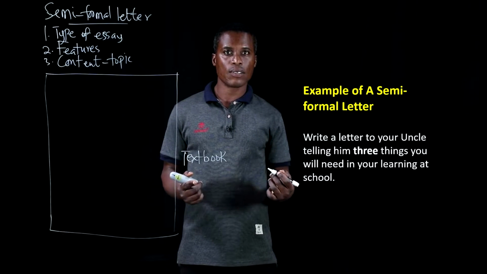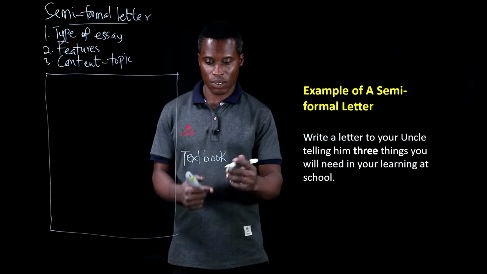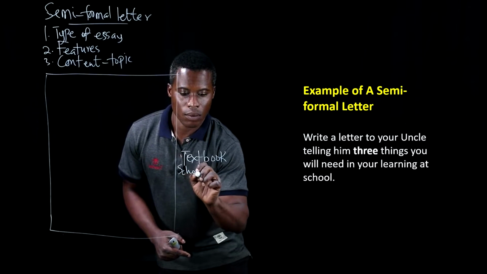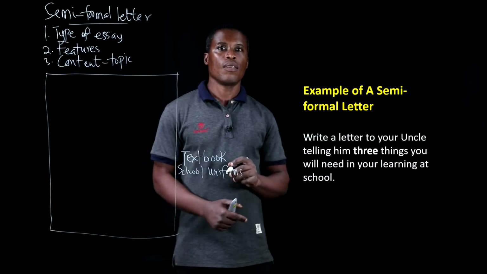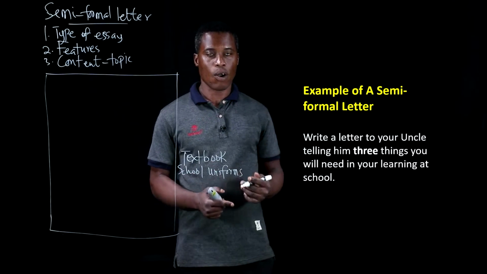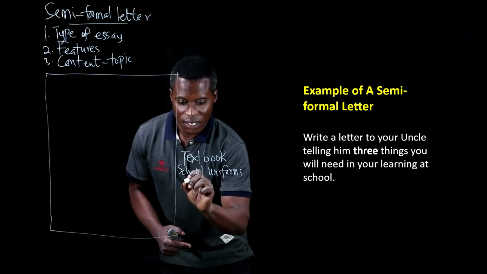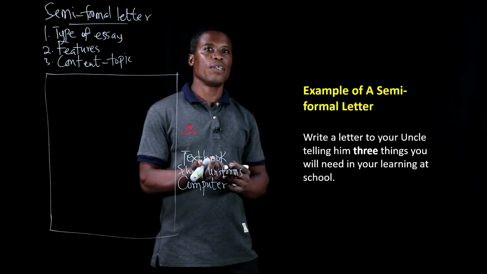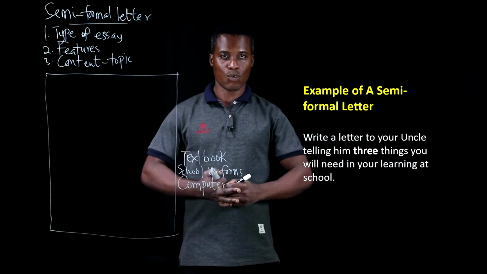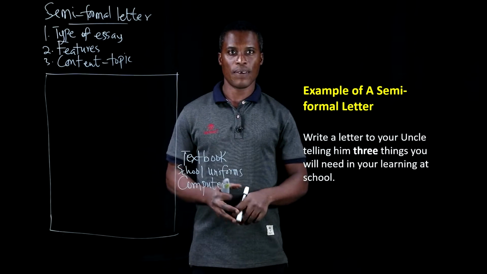The next thing is school uniforms. And you also need a computer to learn. Very good. There are so many things that we need at school, but these are those we have identified.